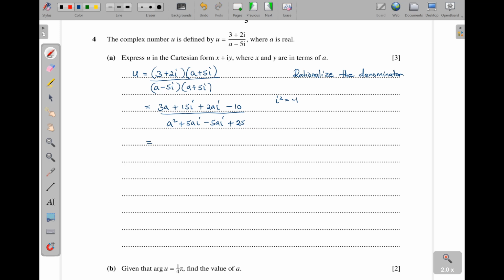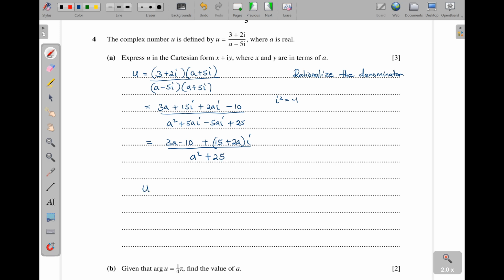So meaning we can simplify this and say 3a minus 10, then plus, this is 15 plus 2a. These ones have got i on them. Then divide by a squared plus 25.